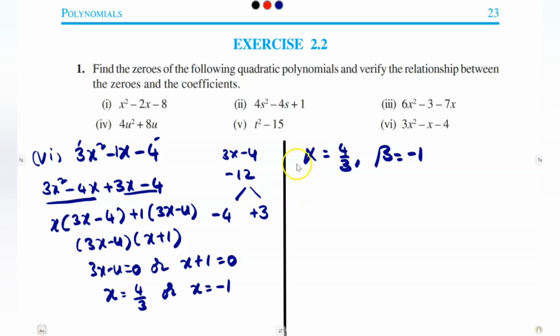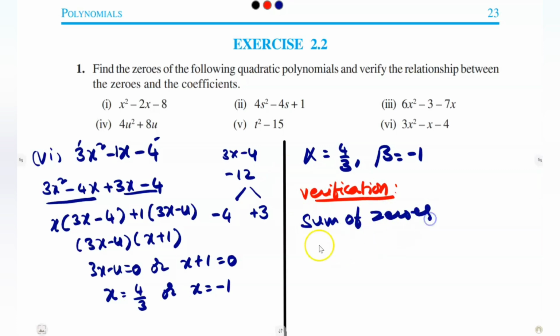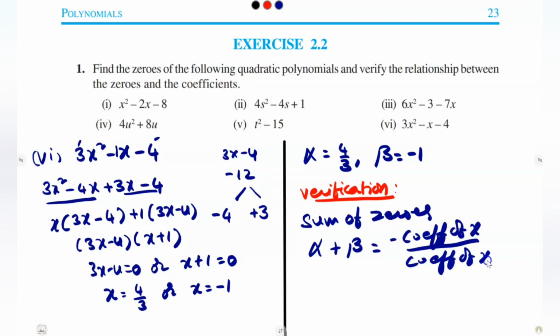Now let us do the verification part. Let us do verification of the sum of the zeros. Sum of zeros is equal to alpha plus beta, which is equal to the formula: minus coefficient of x by coefficient of x square.